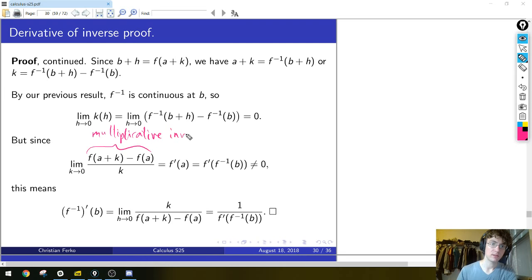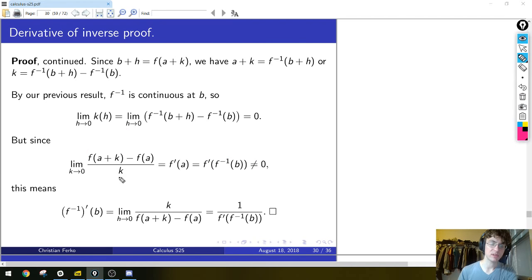If the limit exists and it's non-zero, then the limit of 1 over that expression exists, and it's 1 over the thing. Okay, so 1 over the thing, this is simply the difference quotient which defines the derivative f prime of a, and a is f inverse of b, which we've assumed f prime of f inverse of b is non-zero. Okay, so then we're done.